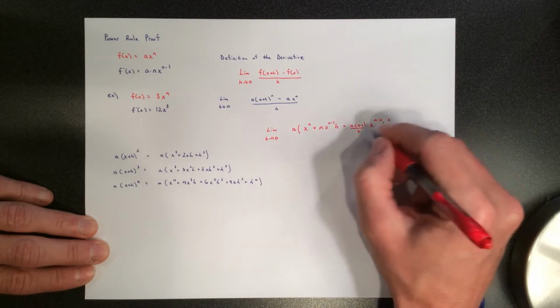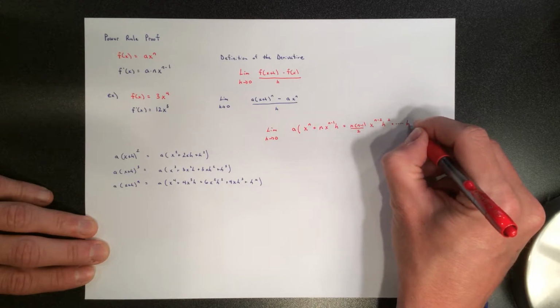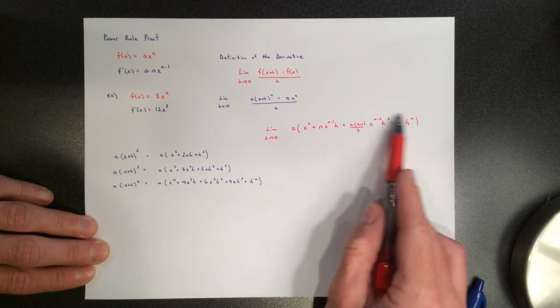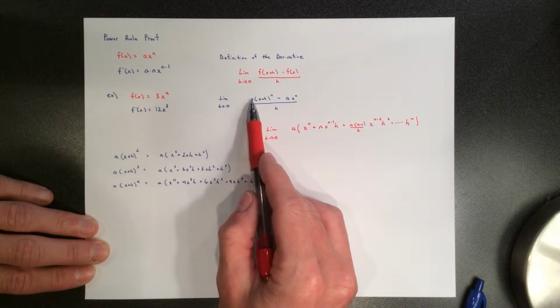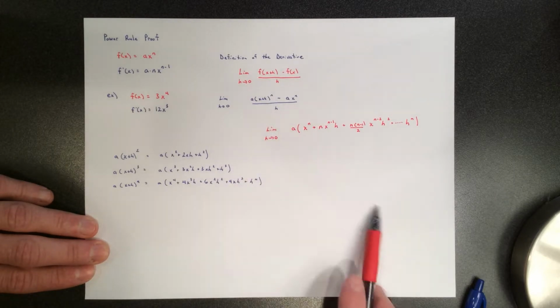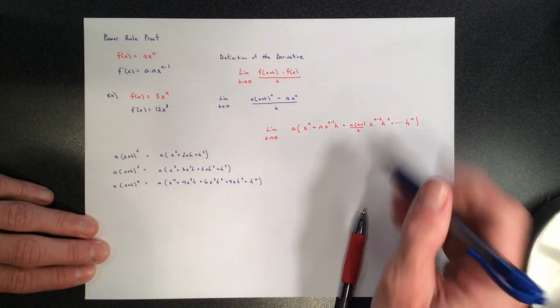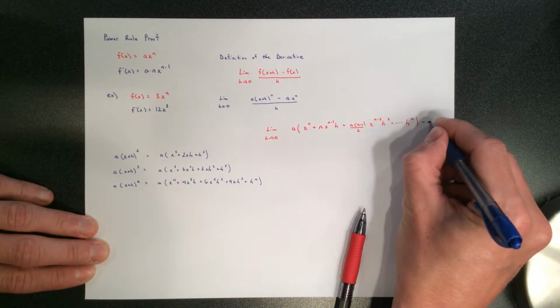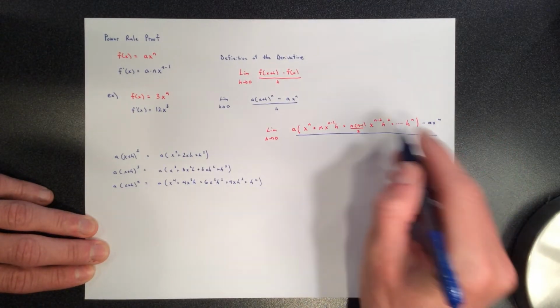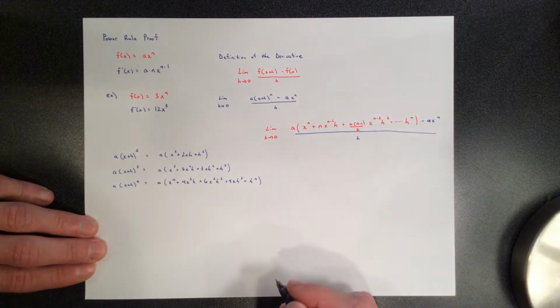You keep getting all of these extra terms, and the last one would be h to the n. This is a times x plus h to the n, where we don't know what n is, just some variable. And then we still have to subtract a x to the n, and we're looking at that limit as h goes to 0.